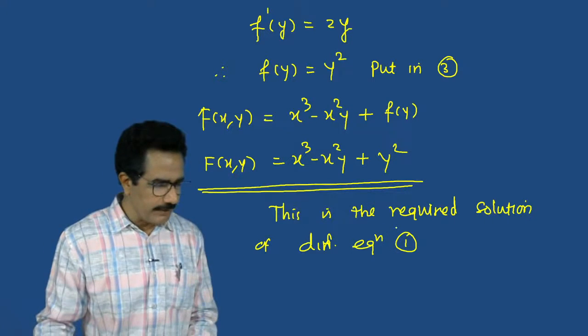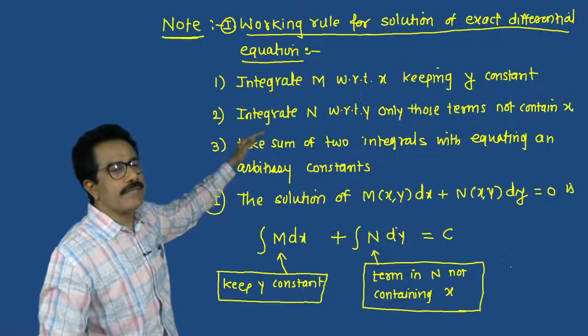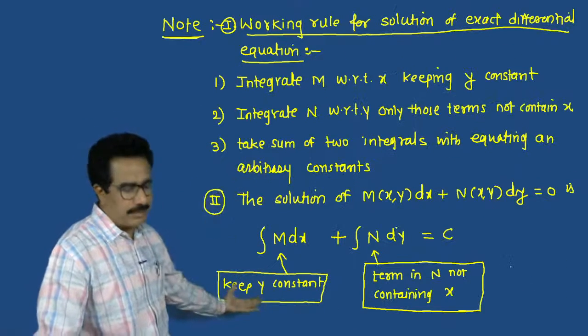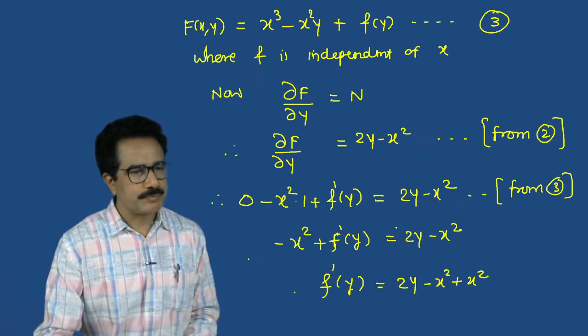चला आता आपण दुसरे डिफरन्शियल इक्वेशन सॉल्व करू. We can solve such a differential equation by using this method also. या मेथडनं सुद्धा सॉल्व करता येतं, तसे पण सॉल्व करू. See the second differential equation.